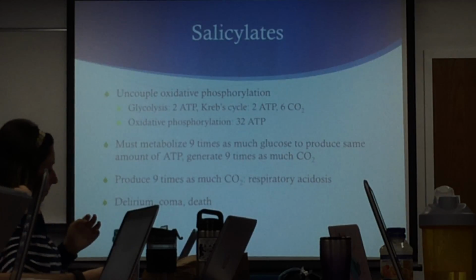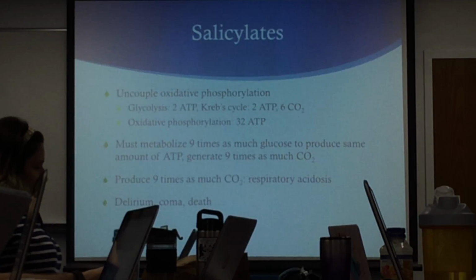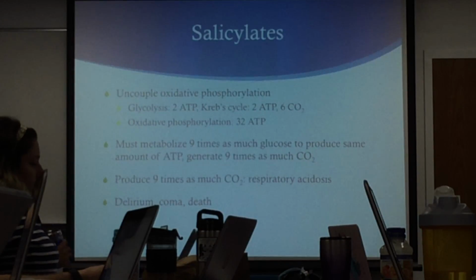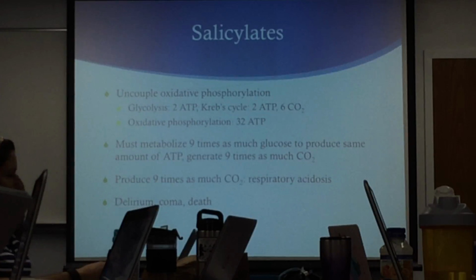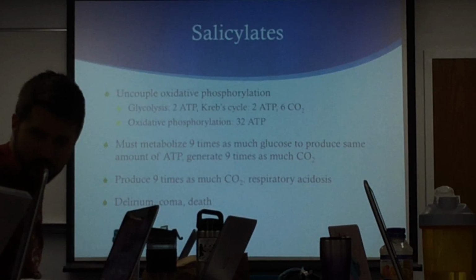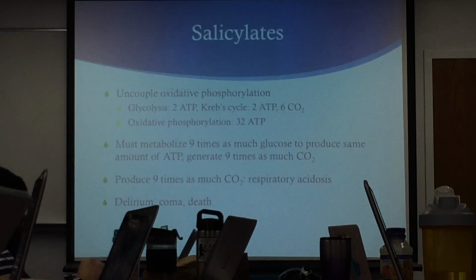Through glycolysis and Krebs cycle, for every molecule of glucose you break down, you generate 4 ATP and 6 molecules of carbon dioxide. You generate NADH, which then is transported into the mitochondria and undergoes oxidative phosphorylation. And that's where you get most of your bang for the buck. So instead of just generating 4 ATP, you generate 36 for the whole process.